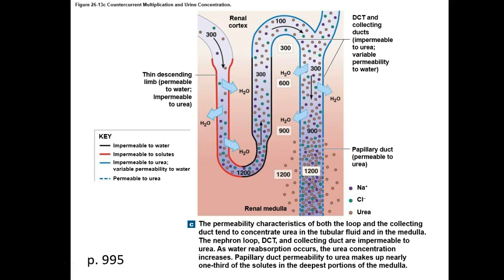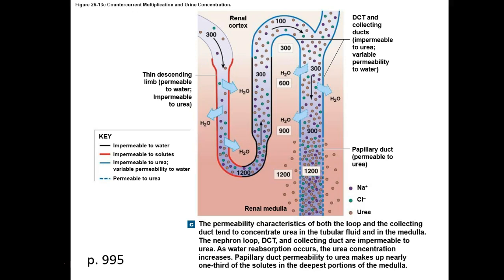Papillary duct is permeable to urea, so that it is going to move into the papillary duct. That papillary duct is then going to be one with the calyces, and with fluids, with water, that means that urea is going to be most of the solutes that come out.